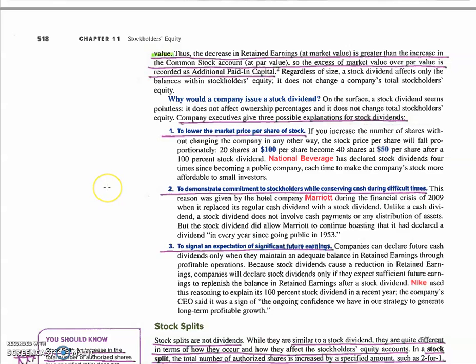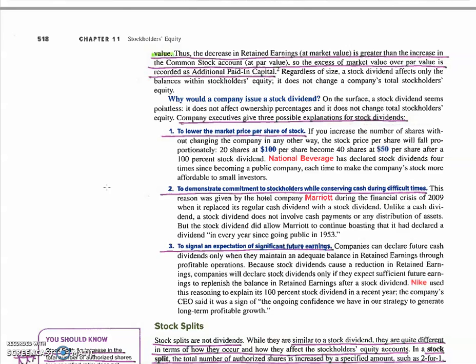Now, another thing that a stock dividend can be used to do is to change the price of the stock. So this is more common with a large stock dividend than a small stock dividend. But you issue a stock dividend, did the corporation get any bigger? Well, the answer is no, they're still the same size, but there are more shares of stock out there.